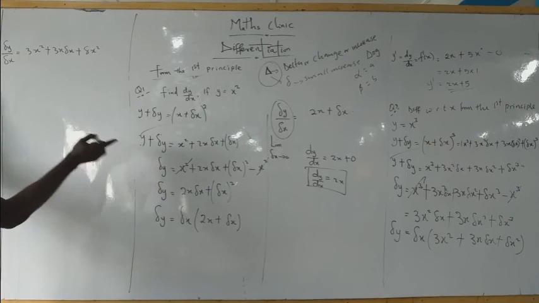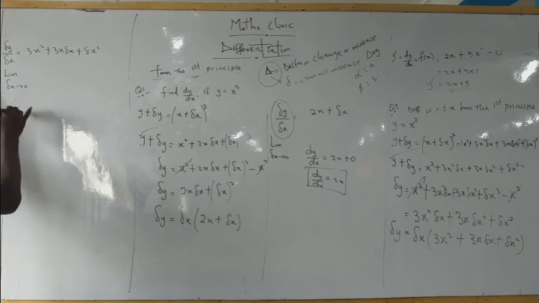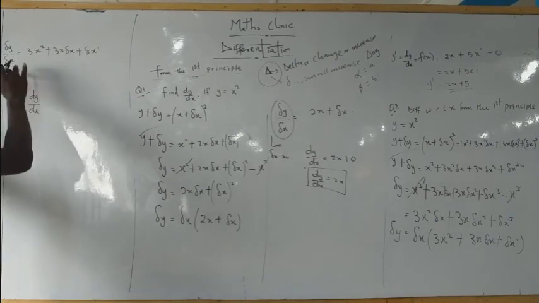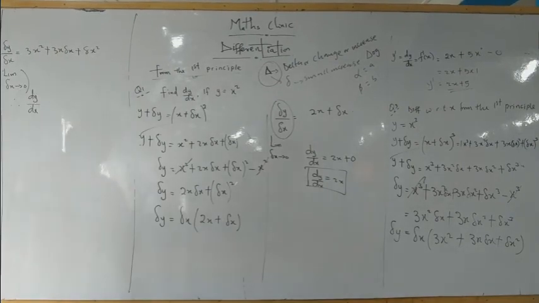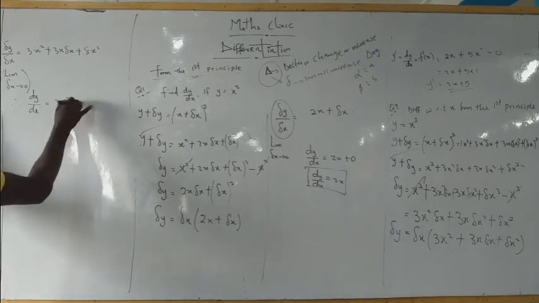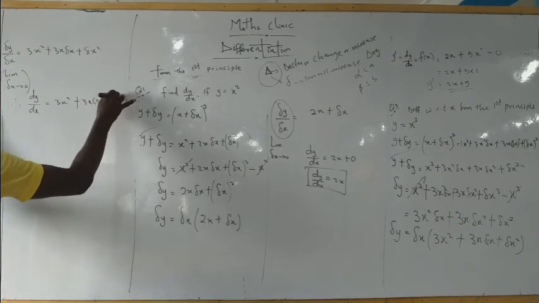Okay? Then the next thing is to take the limit as changing x tends to 0. So now therefore dy over dx. Once you write this statement, this increase in y over increase in x will mathematically change to dy over dx equals 3x squared plus 3x into bracket 0 plus 0 squared.